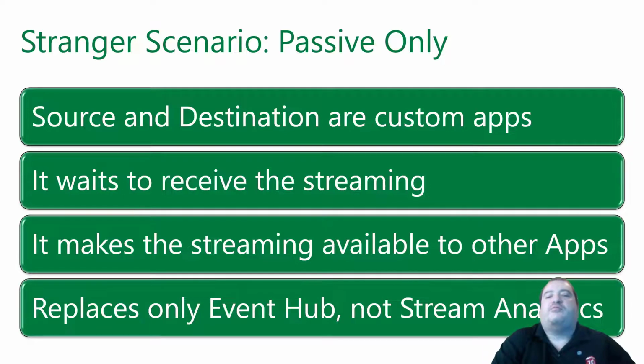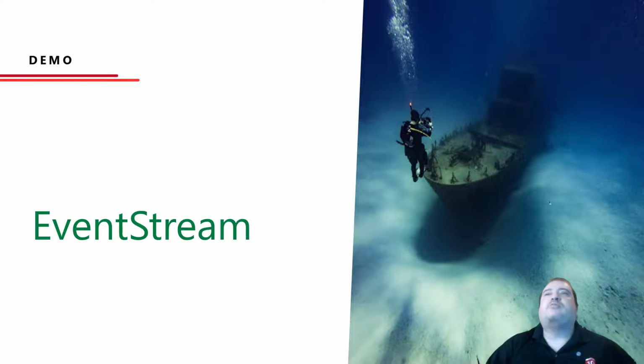It replaces only Event Hub, but doesn't replace Stream Analytics. You need some application to get the data from EventStream. Let's see a demonstration of all these scenarios. I will not build the complete architecture, but I will show the source and destination configuration.